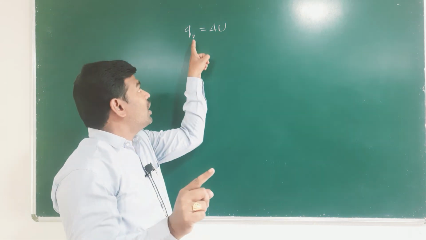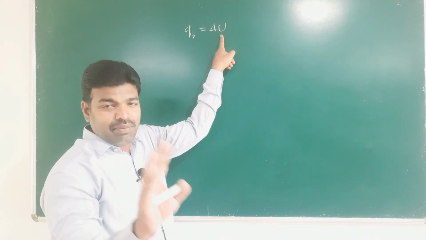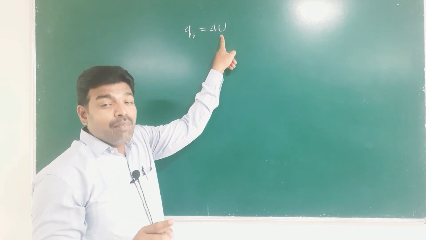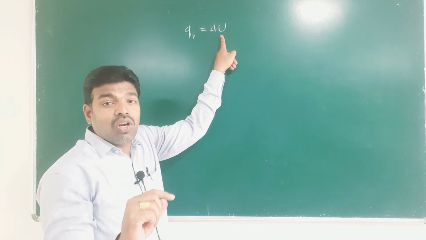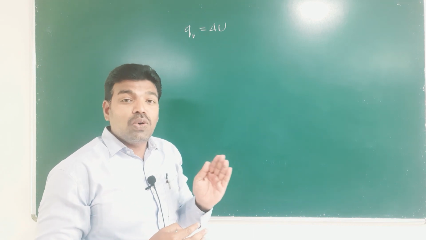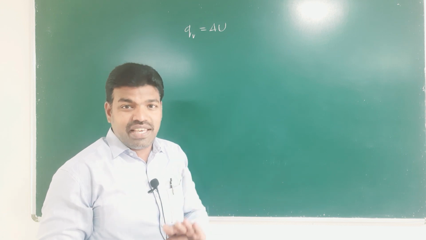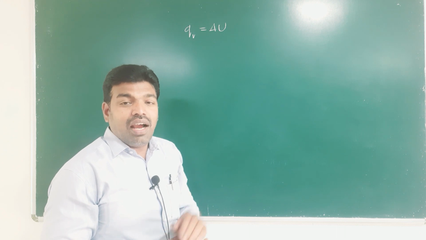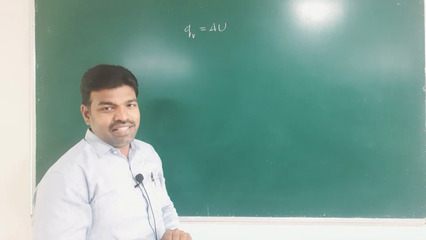Heat absorbed at a constant volume is equal to change in internal energy. We came to know that from lecture 57, but most of the chemical reactions are not carried out at a constant volume, because in most of the chemical reactions volume undergoes changes. So, for the reactions in which volume undergoes changes, heat absorbed under change in volume is not equal to internal energy change, right?